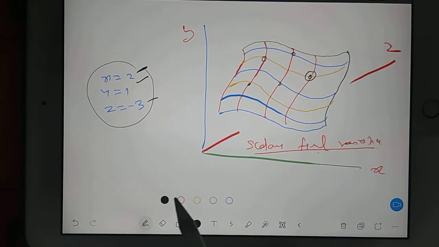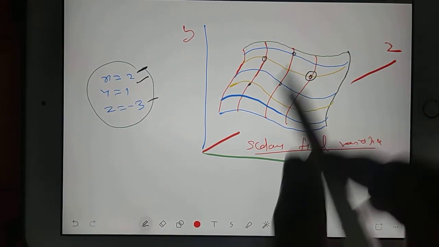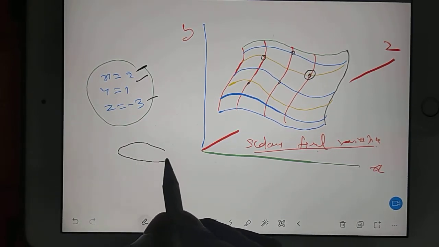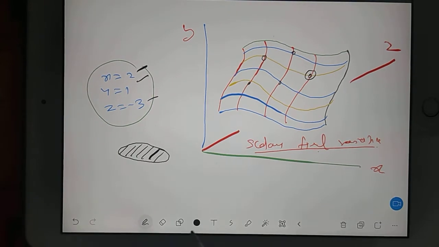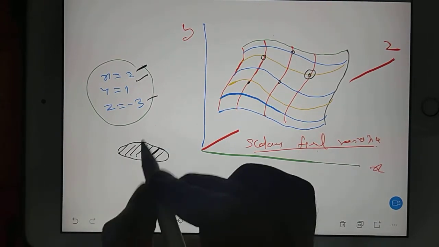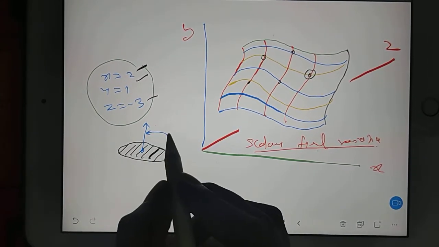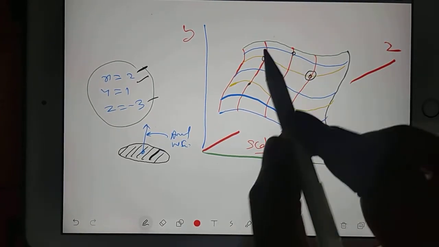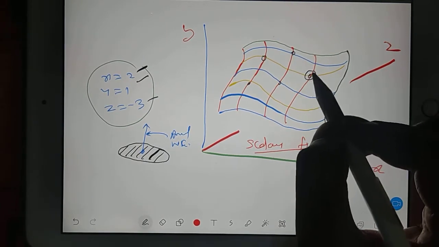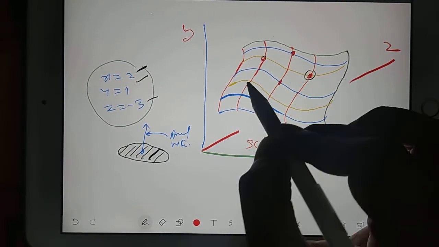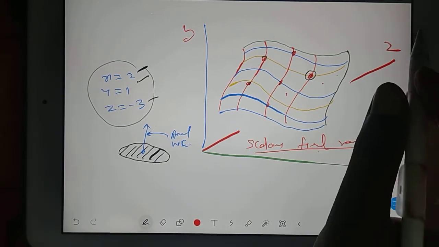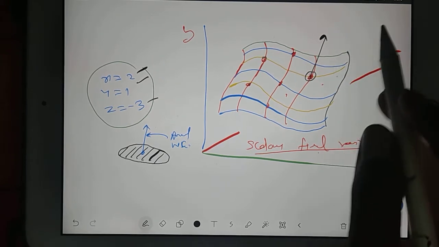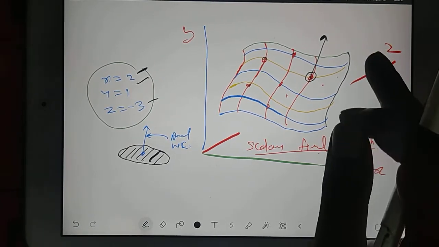Whenever you have any area, if you draw the perpendicular, then that vector we call the area vector. At every point, wherever you go, you can draw a perpendicular. So that is nothing but your gradient.